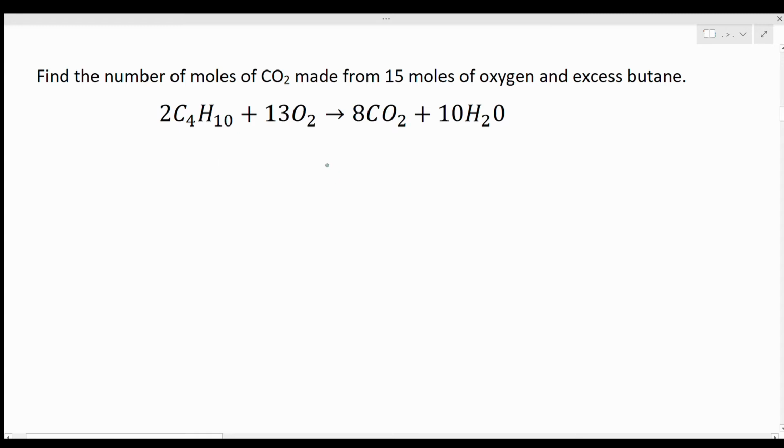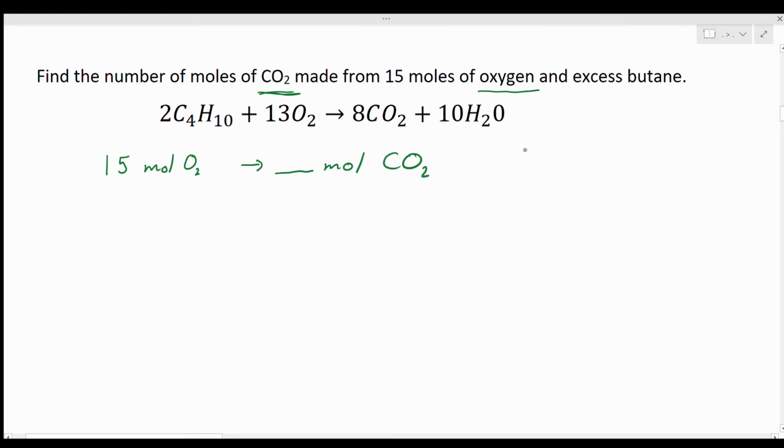What are we going to be dealing with? Well, we're going to be dealing with carbon dioxide, and we're going to be dealing with oxygen. So here we have oxygen and here we have carbon dioxide. We know that we have in the question 15 moles of oxygen, and we want to make some number of moles of carbon dioxide.